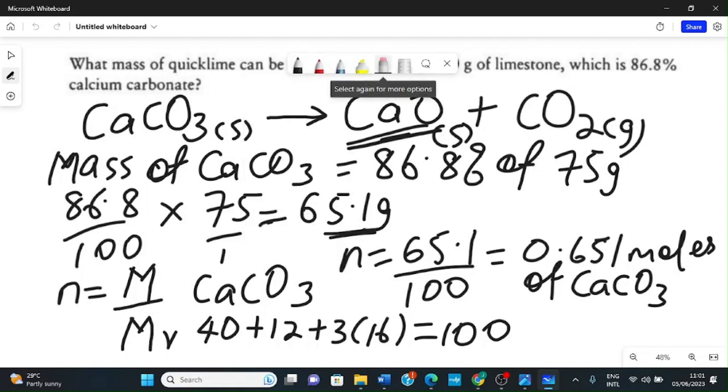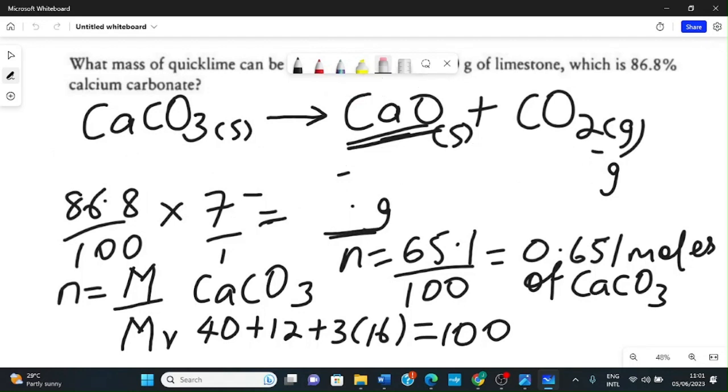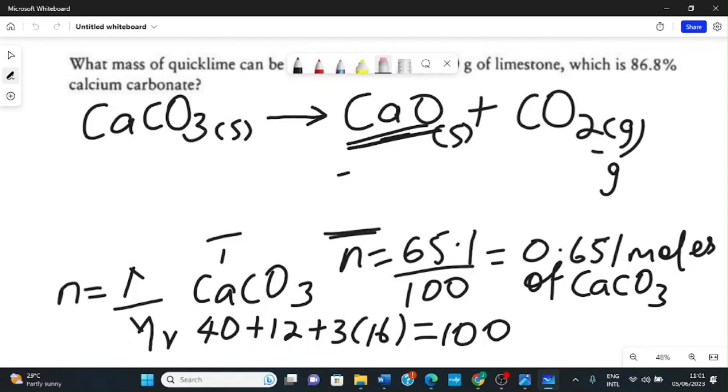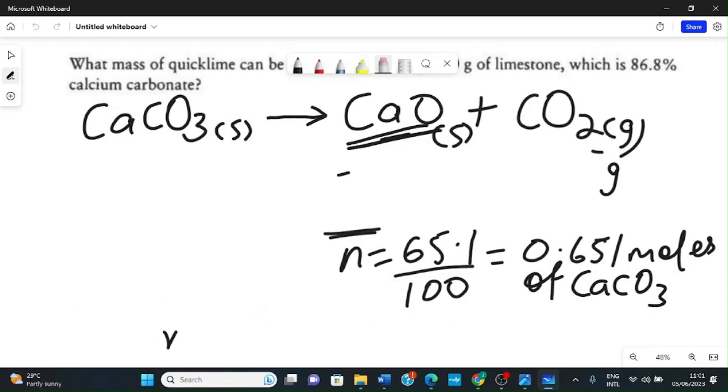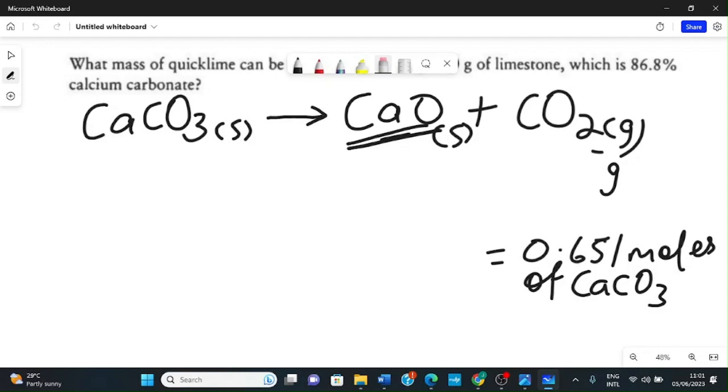ABC. Okay. So from our calculation, we have 0.651 moles of calcium carbonate.